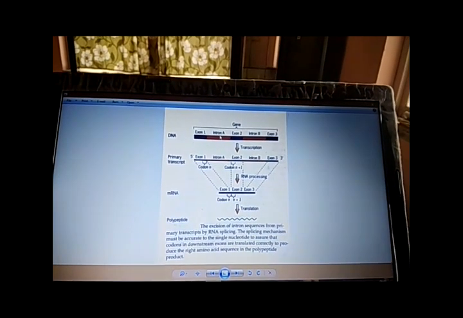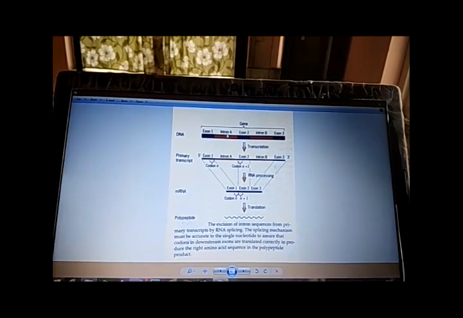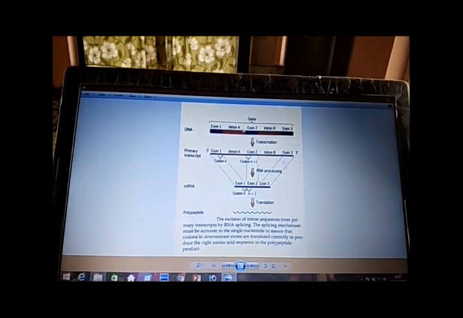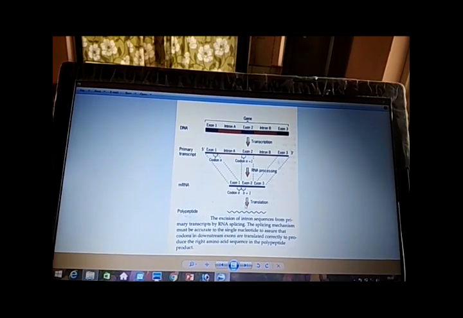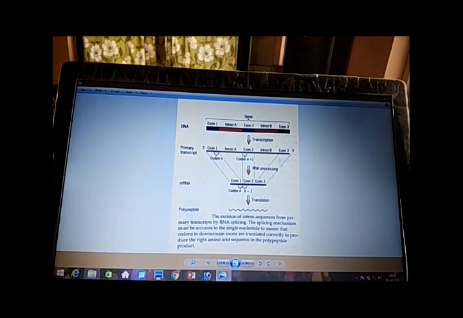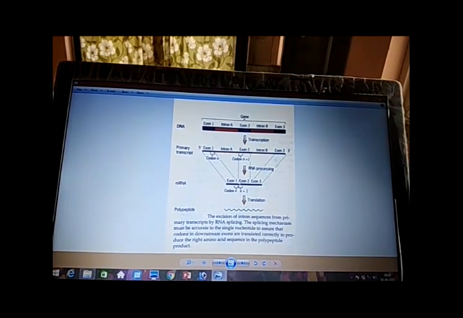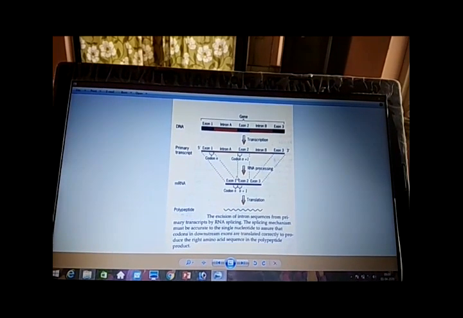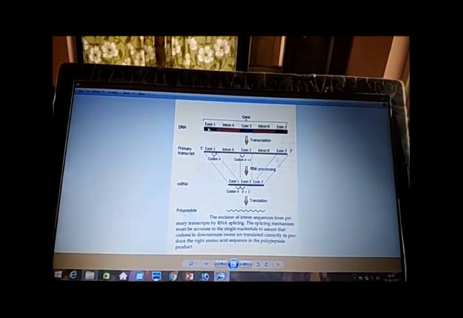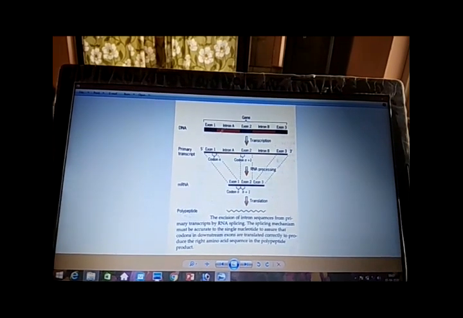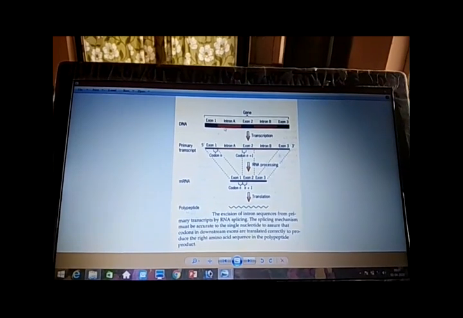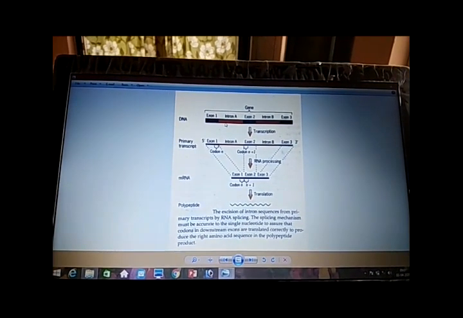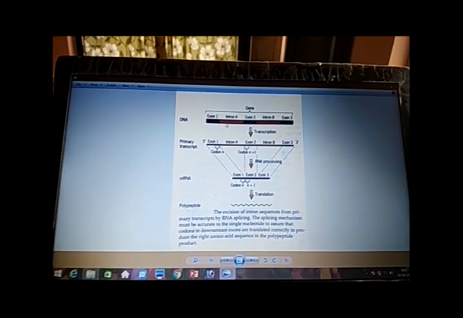Splicing helps in cutting the introns and joining the exons into a final mRNA transcript. Now, the number of exons and introns varies considerably in different species, which I'll show you in the next slide.